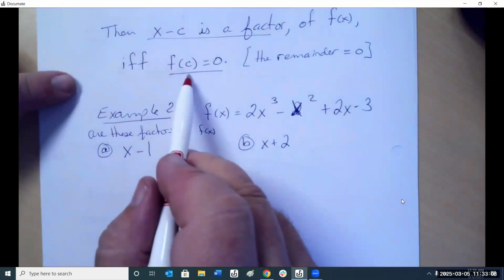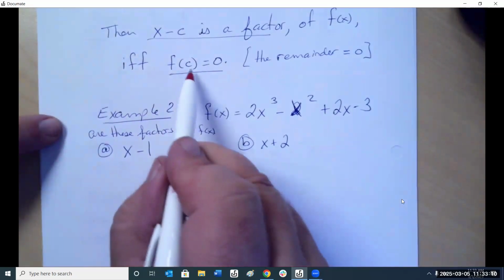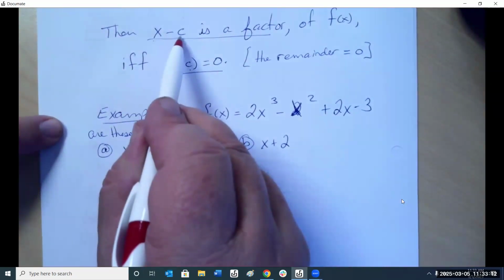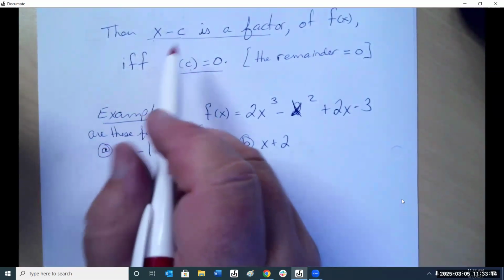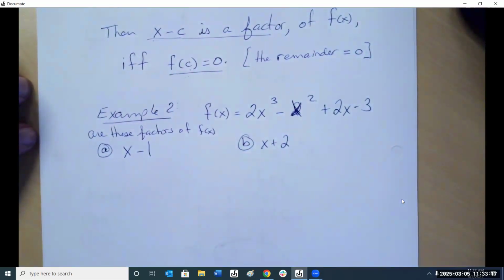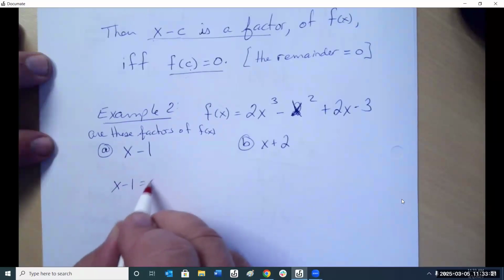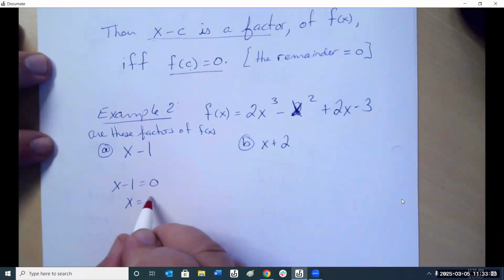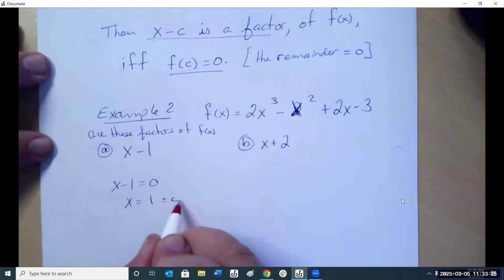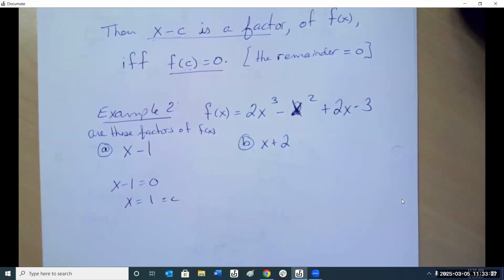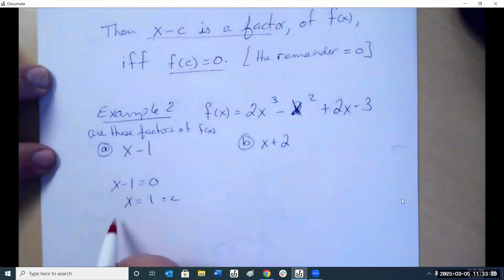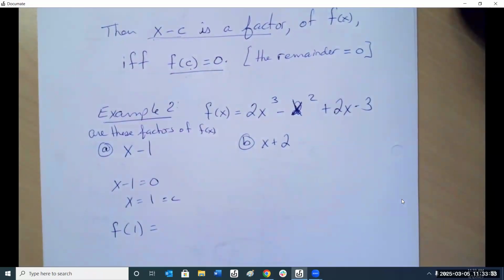Now the theorem tells us that if it's a linear equation, in synthetic division, take your equation, set it equal to 0, and solve for c. Then plug this back into the equation and see if it equals 0.